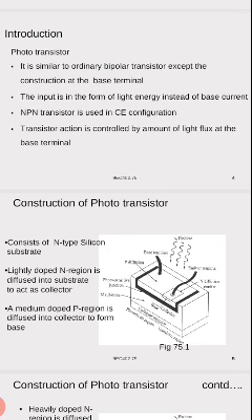A medium doped P region is diffused into the collector to form the base. Here the base is medium doped.